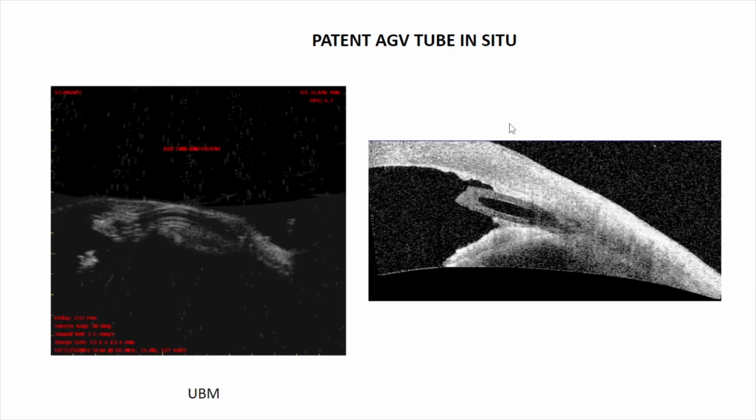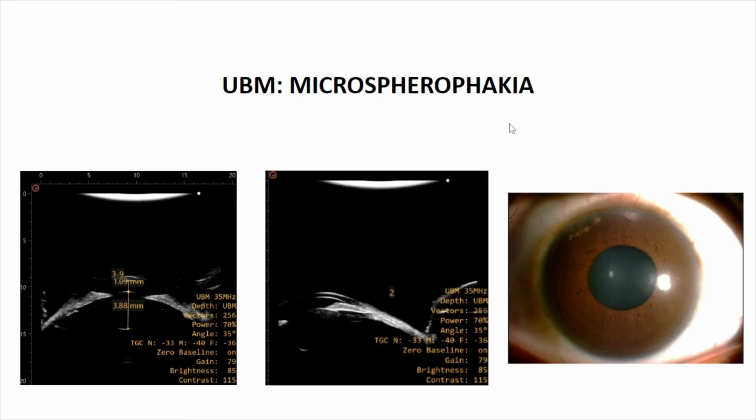So this is an ASOCT image showing a patent AGV tube in C2, and a UBM picture showing that the tube is patent. Then coming over to a UBM image, when you're getting an AGV implant, the dynamic thing is more important: whether the tube is touching the corneal endothelium or not.